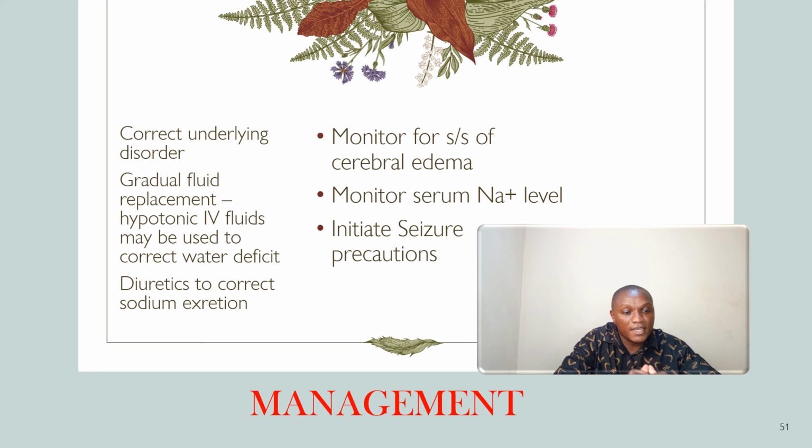Monitor serum sodium levels and initiate seizure precautions. In hyponatremia, monitor for signs and symptoms of cerebral edema. This is now life-threatening. So monitor for cerebral edema, monitor the sodium levels very, very closely, and initiate seizure precautions.